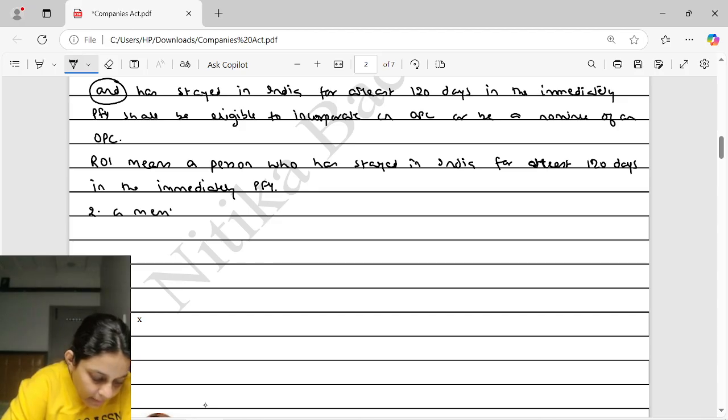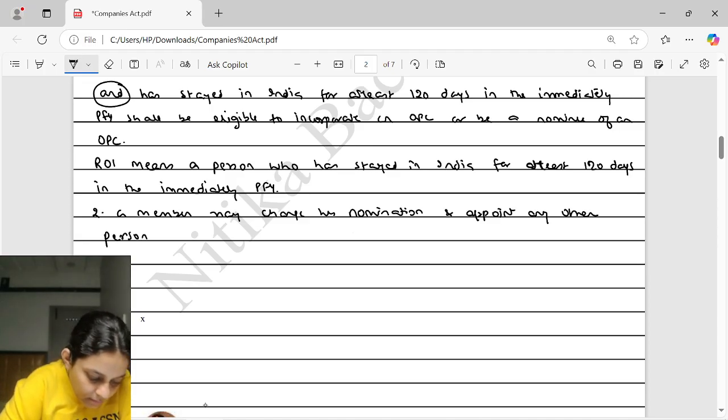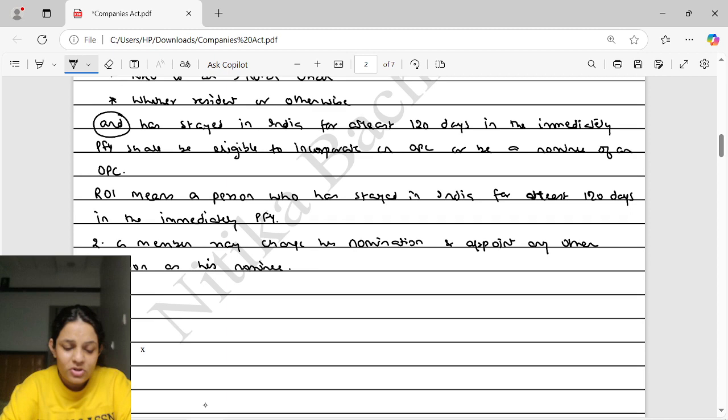A member may change his nomination and appoint any other person as his nominee. Second point is not necessary, but because he wanted to change, I've written it.